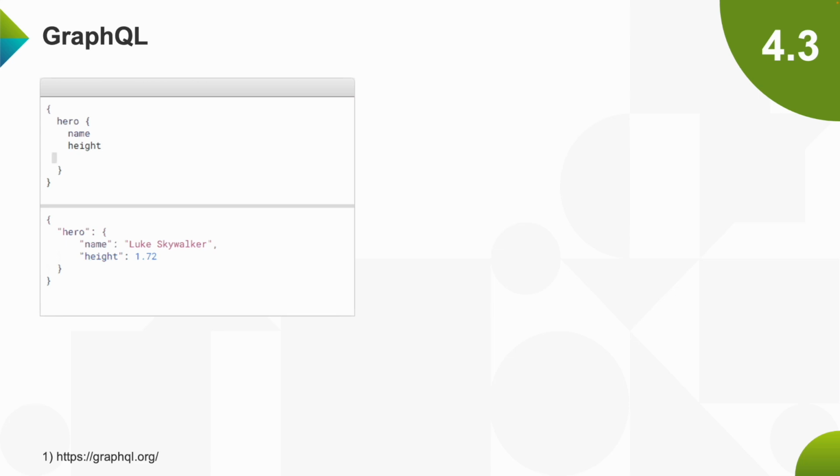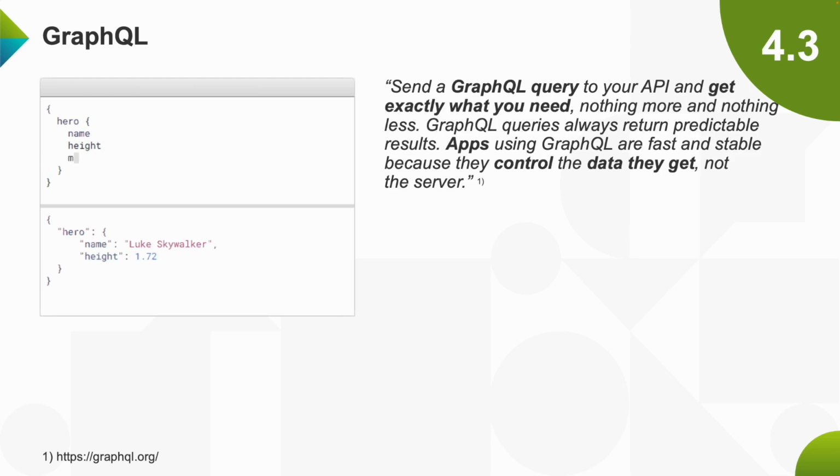On the top left corner, we see a GraphQL query sent by the client. Underneath, the corresponding response is visualized. The example shows that apps using GraphQL control the data they get and not the server.